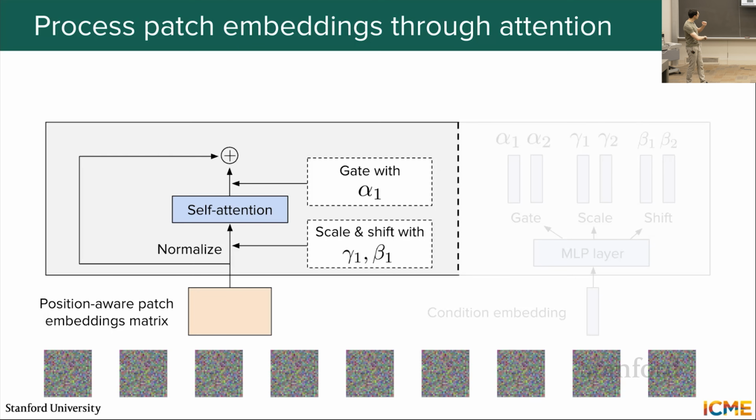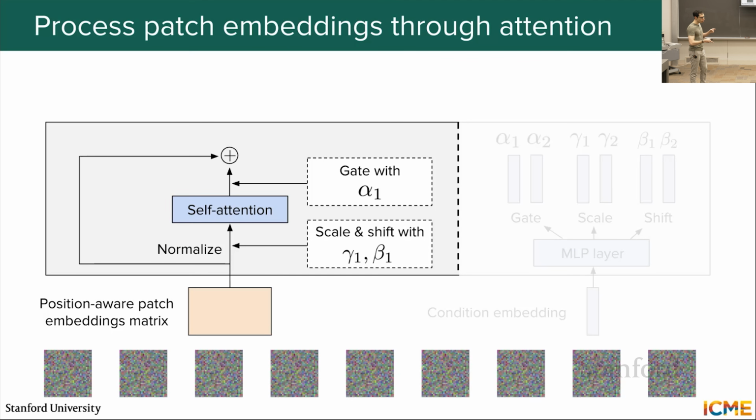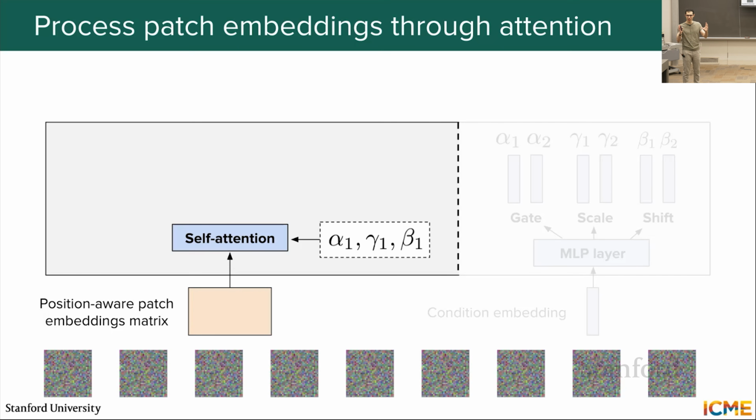And then we gate the result with alpha 1, which we add to the input. So this is becoming very complicated on the slide, so I'm just going to represent this operation with just self-attention and then alpha 1, gamma 1, and beta 1.